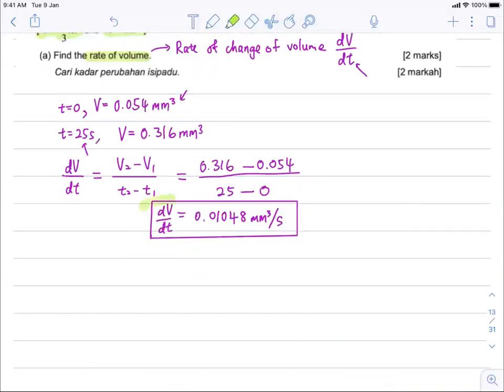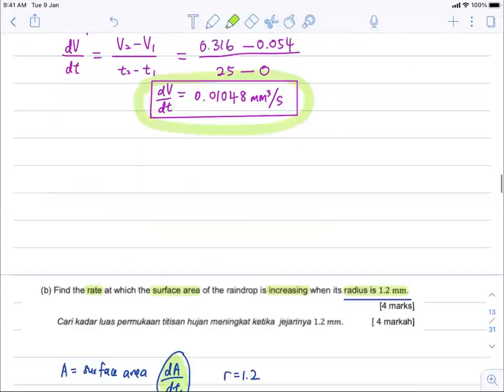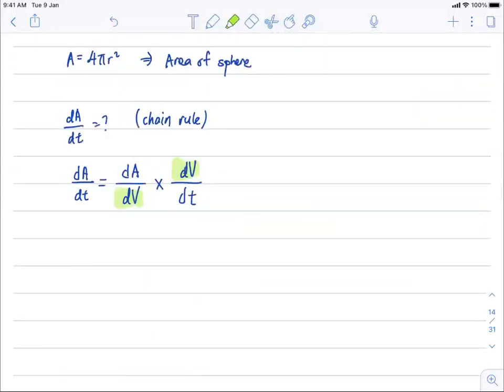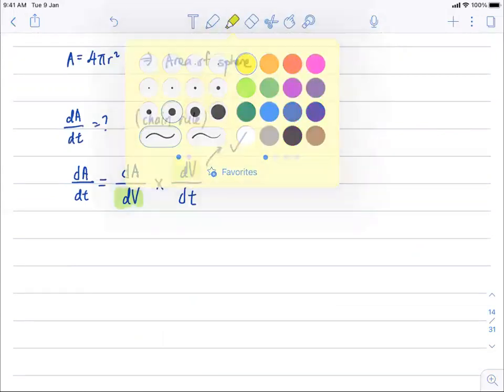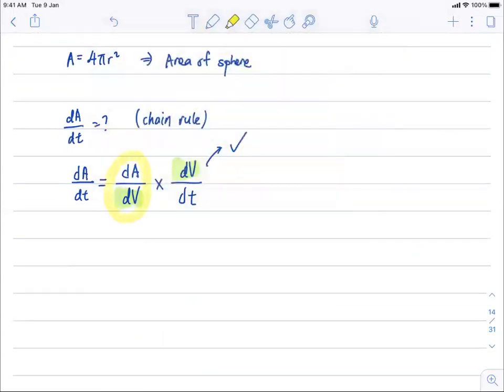That's why we want it, because this is something we already know. Then let us look at another one, dA over dV. We don't already know what dA over dV is, so we need to apply the chain rule one more time.